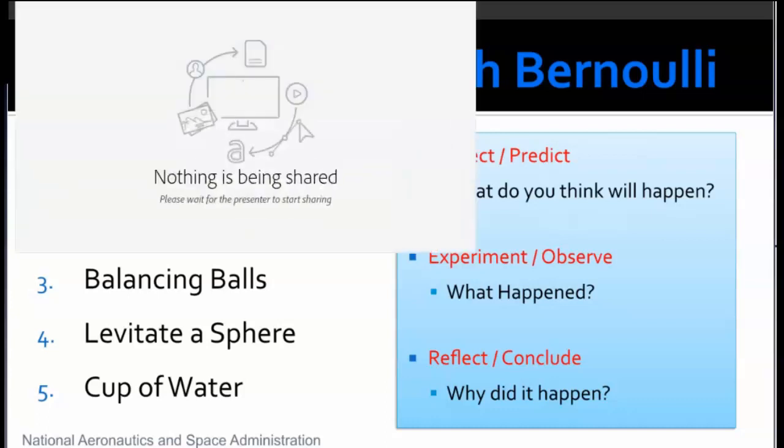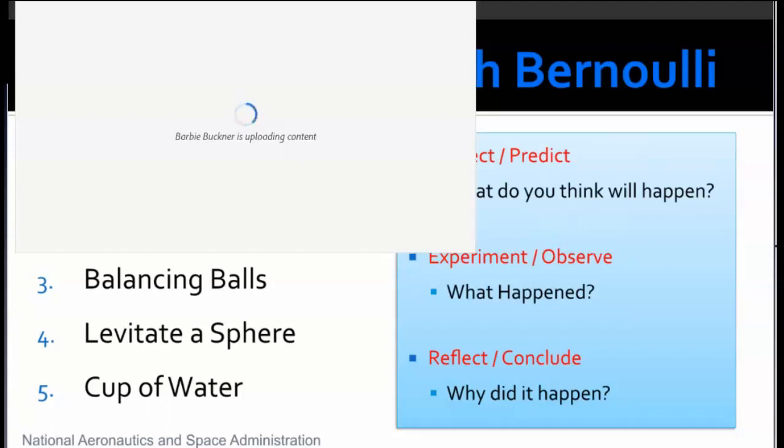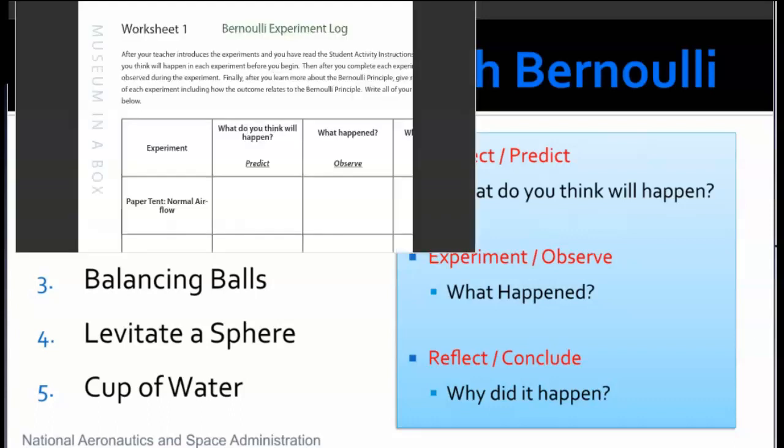From that experiment, they can take a look at what actually happened. And then after it has happened, they can reflect on what they said, how that relates, and whether it fits. I think that works really great for the students to be able to predict, or preflect, and then experiment and observe.